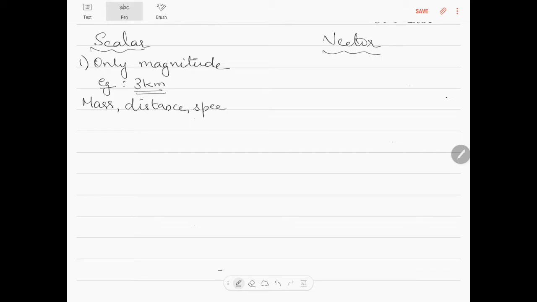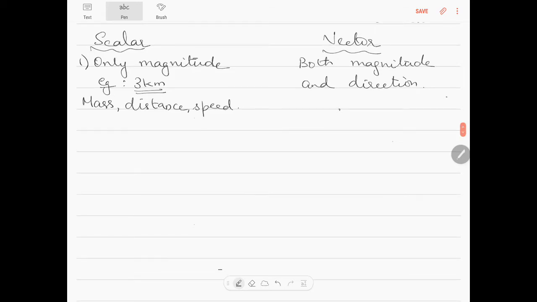Mass can be given in kilograms, distance in kilometers, speed, etc. Similarly, a vector quantity has both magnitude and direction. Suppose from point A, a car moves a distance of, say, 3 kilometers.